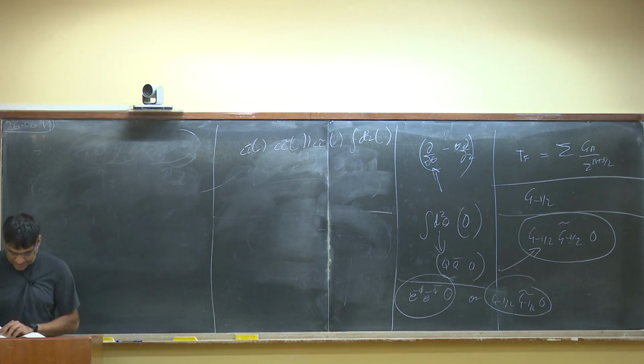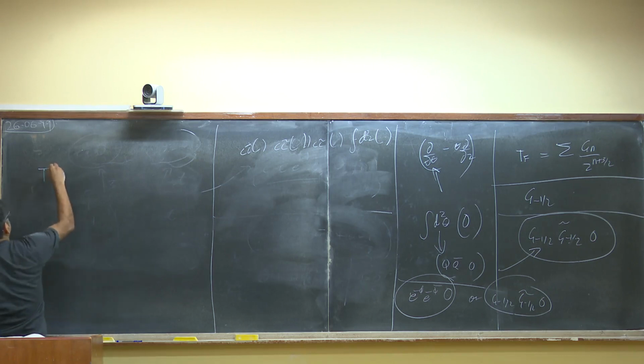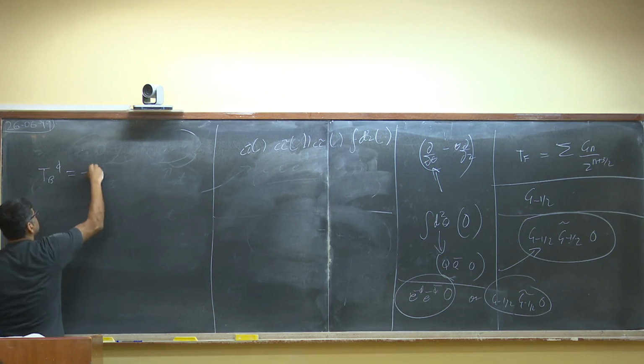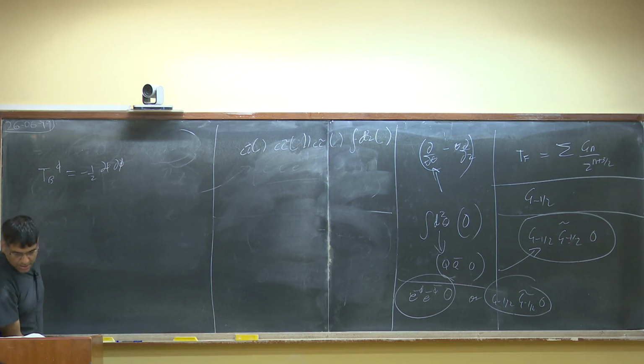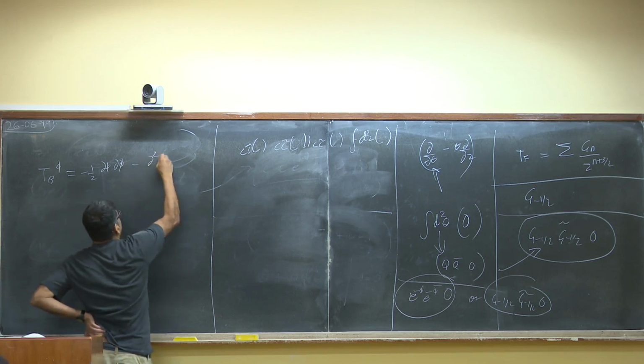The stress tensor for phi was T_phi equal to minus half del phi del phi, that's the usual, but then there was an extra term, minus del squared phi.